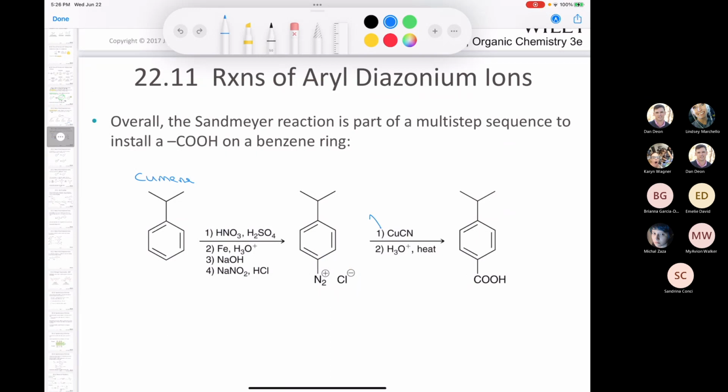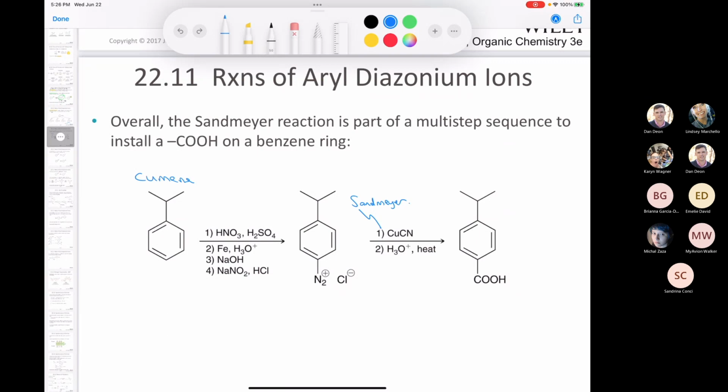Then you do the Sandmeyer reaction with cuprous cyanide, or copper(I) cyanide, either way. That gives you the nitrile, and then that's hydrolyzed to a carboxylic acid. So a really cool way to make a carboxylic acid via a Sandmeyer reaction.